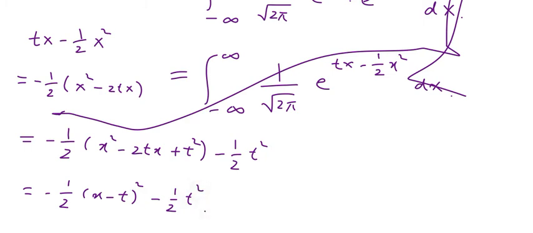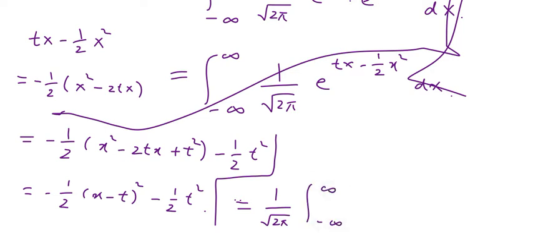Okay, so this integration we move to here. We take these constants outside, and so this becomes e to the negative half (x minus t) squared and negative half t squared dx.